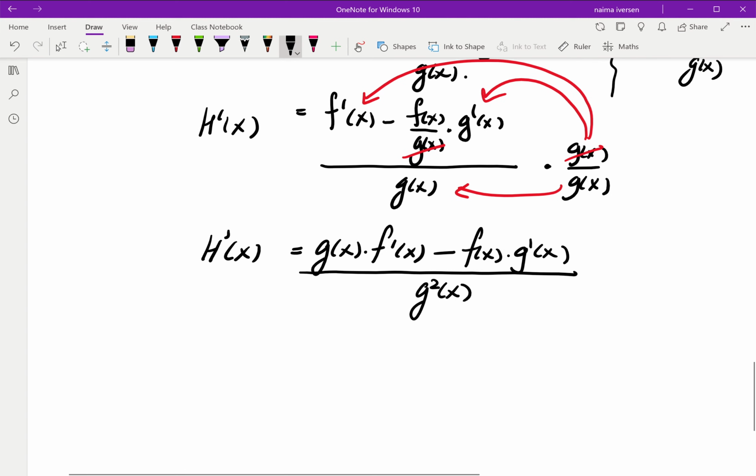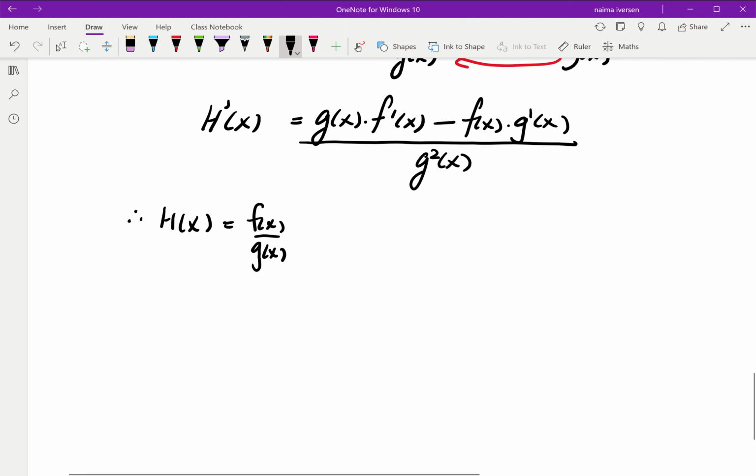Now, there's no buddy rule for this one that I can help you with, but it tells me that if you have h of x is equal to f of x over g of x, the way that we're going to find the derivative of this thing, and you're going to hear me say this a lot, is that you take the bottom function first. So this entire bottom function right here starts the top.